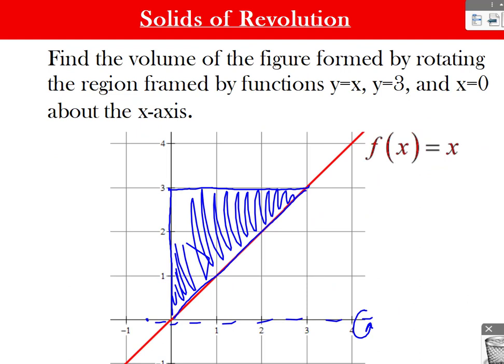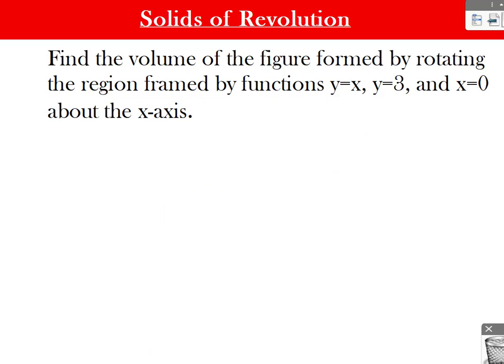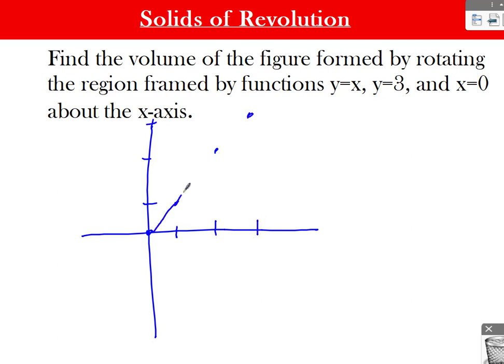And so basically what it's going to look like is going to be this, basically like a cylinder with a cone cut out of it. But actually, let me just go ahead and take a sketch of it right here. So we've got 3.